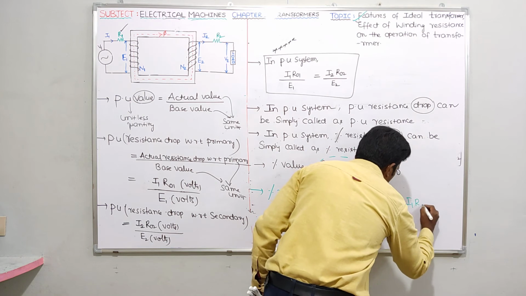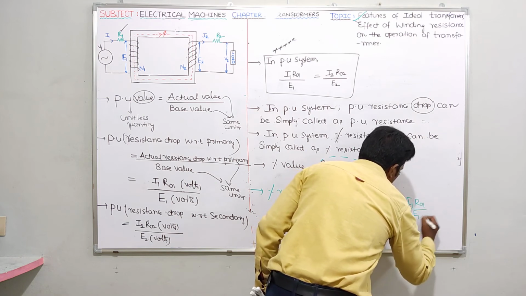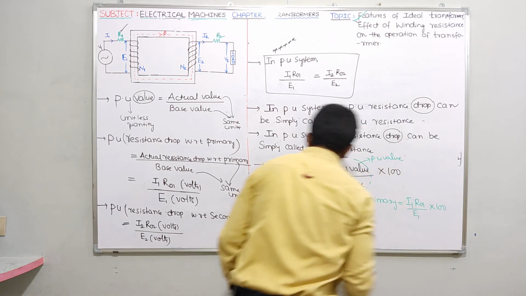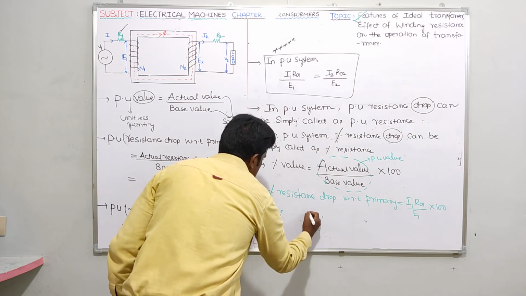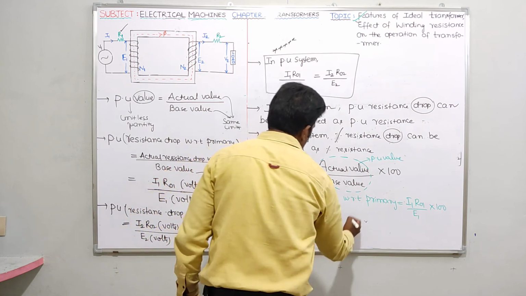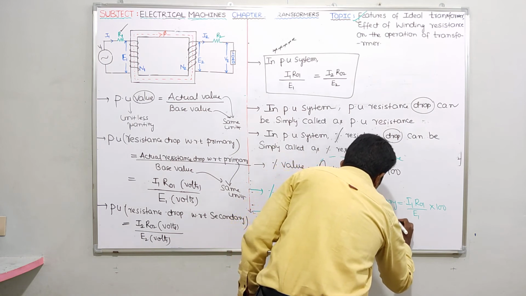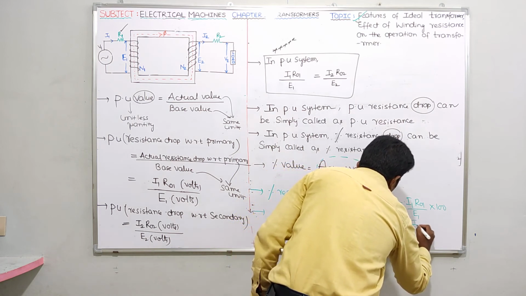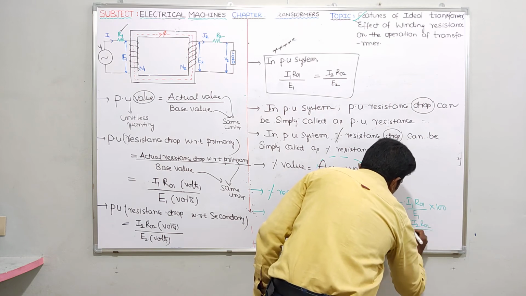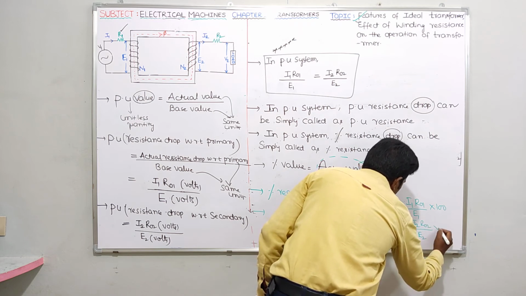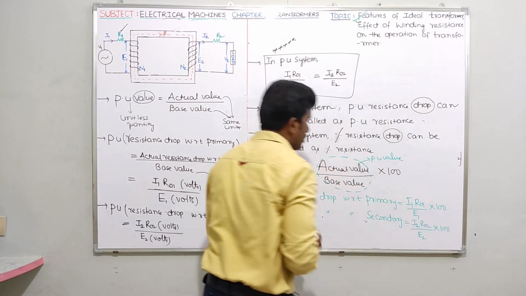I1 R01 by E1 multiplied with 100. Similarly, percentage resistance drop with respect to secondary, please. With respect to secondary, I am asking. Tell me what will be the formula? I2 R02 by E2 multiplied with 100.